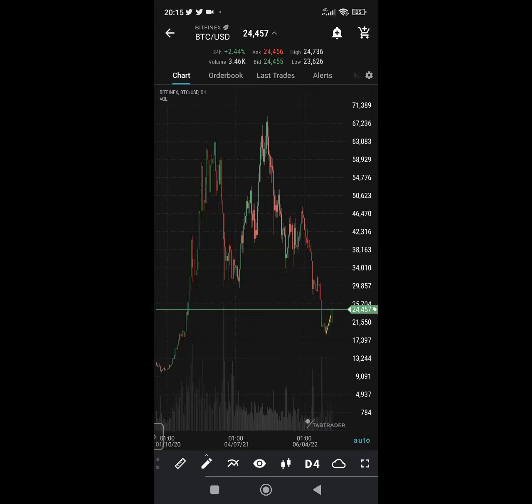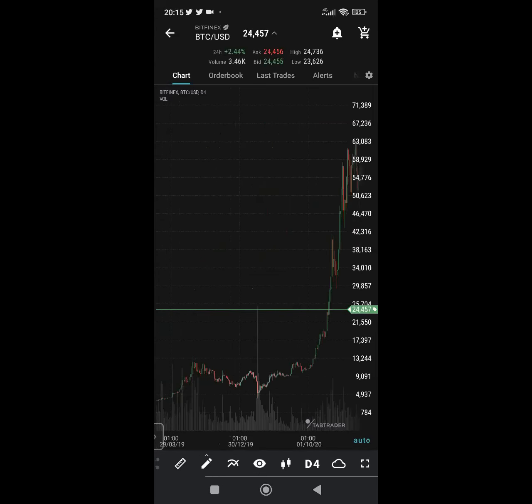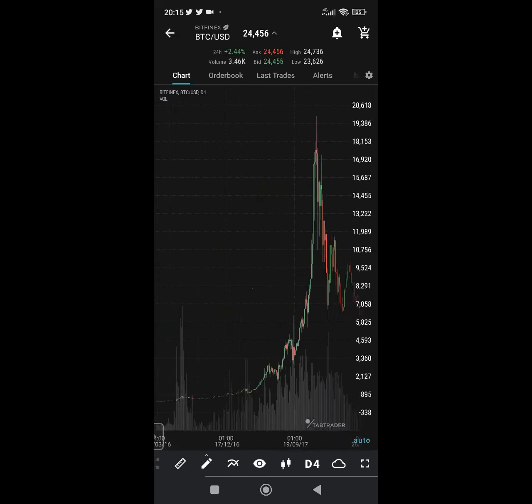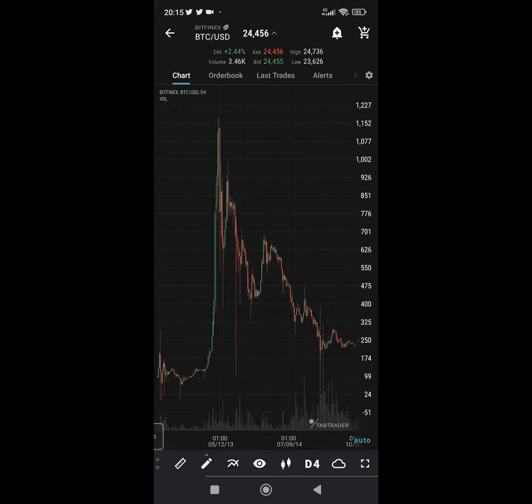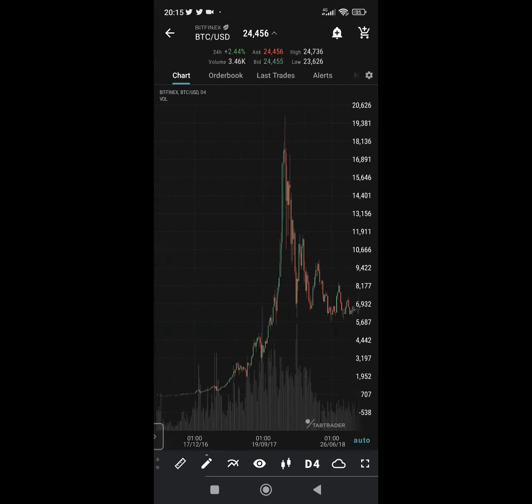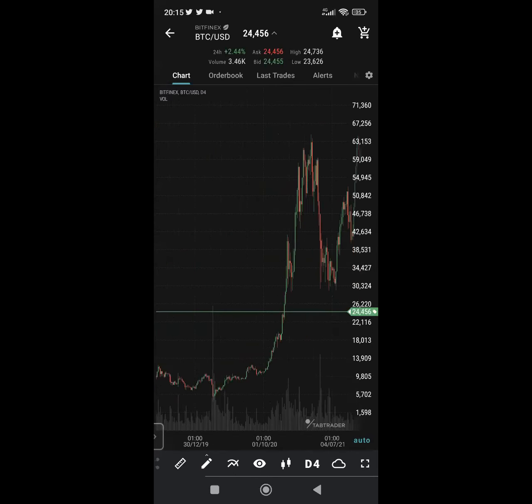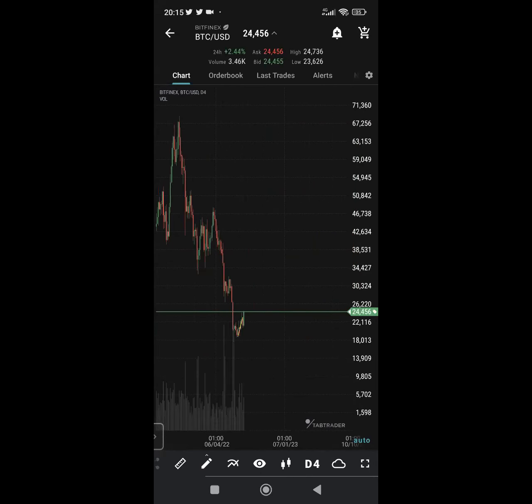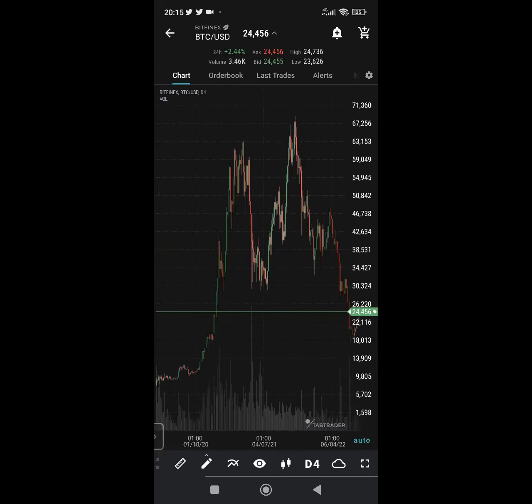Look at this, right from the beginning of Bitcoin, the chart shows what has been happening from the previous information we have. You can use it to decipher what will happen next.